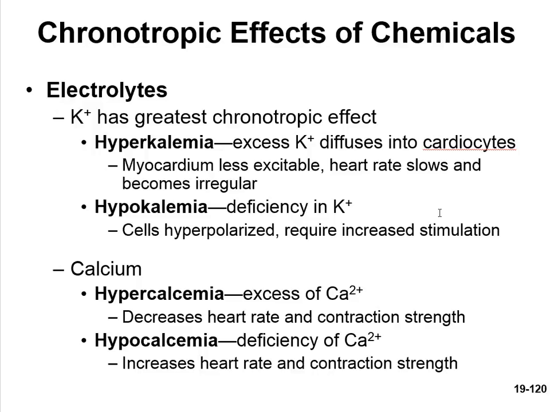Could become irregular as well. With not enough potassium, the cells can be hyperpolarized and then would therefore require increased stimulation. With calcium, you could have too much and could decrease the heart rate and the contraction strength, and then vice versa if there's not enough calcium.